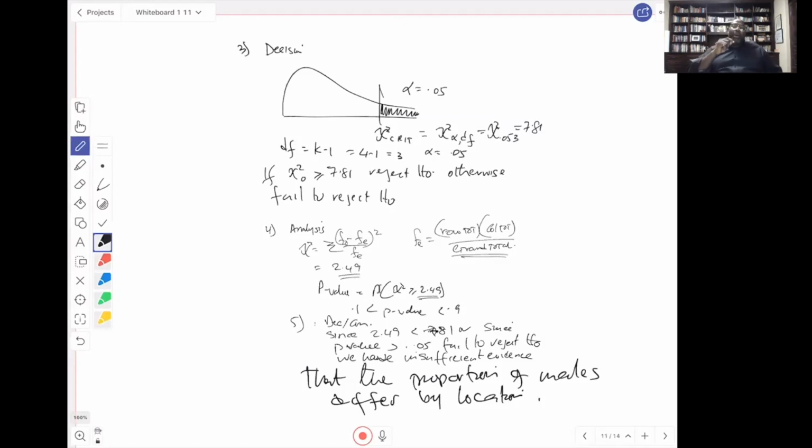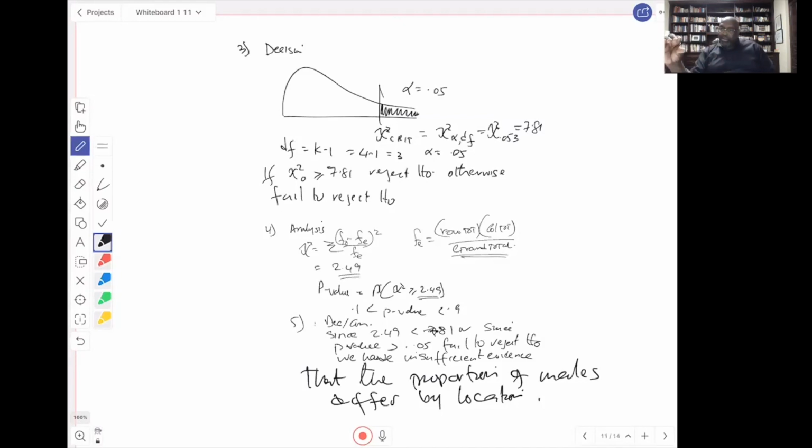So if you now assume in the null hypothesis that the proportion is the same across all locations, you could just use that estimate that you have from combining all of the samples as your estimate of what that proportion is. Now all you need to do is take these estimates and calculate what number of male fish you expect to see in each of those samples based on that proportion.